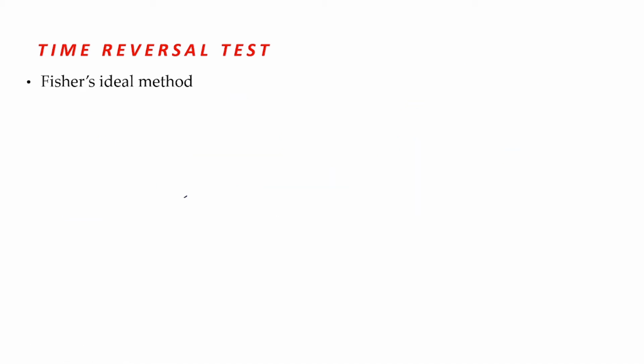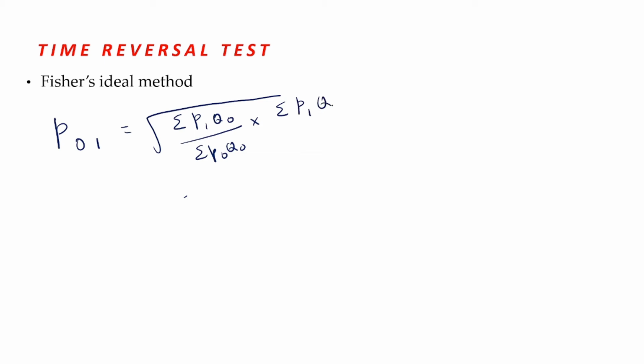Now coming to the next method, which is Fisher's ideal method. Fisher's ideal method is calculated as the geometric mean of Laspeyres index and Paasche's index. So for Fisher's ideal method, P01 is equal to root of summation P1 Q0 upon summation P0 Q0, this is Laspeyres method, and into summation P1 Q1 upon summation P0 Q1.